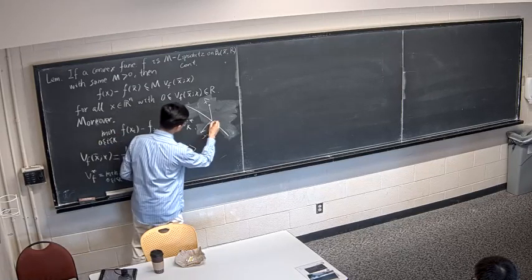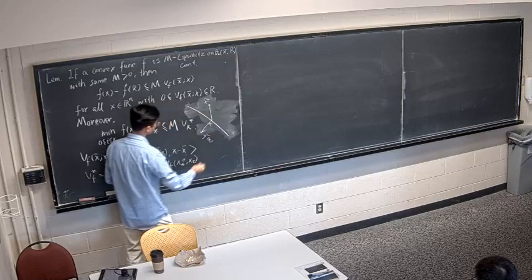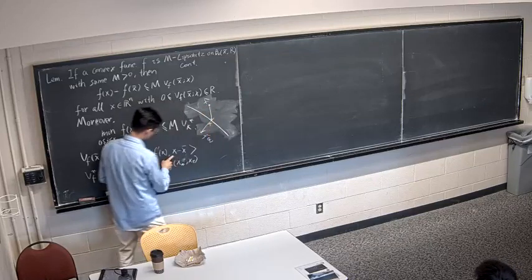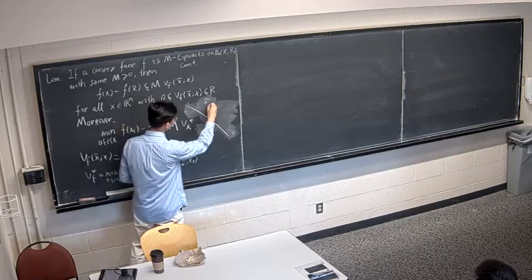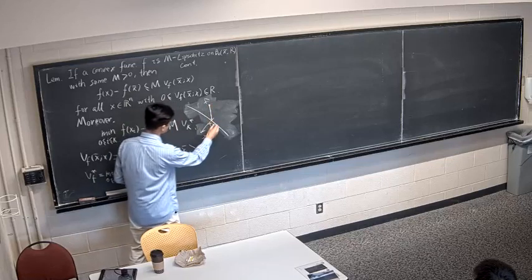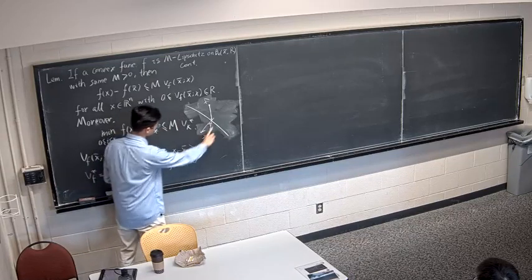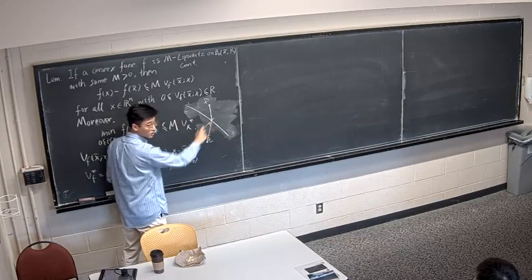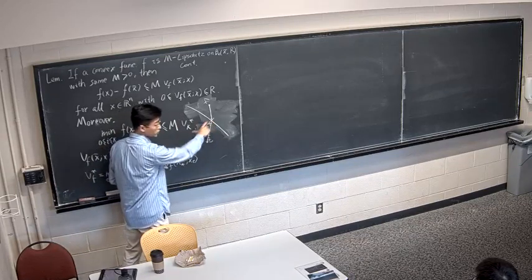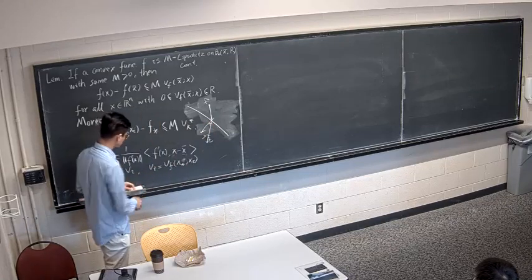So the point x bar is here, and this vector x minus x bar is this vector, right? So you can put it here. And so this is the inner product of this vector with this unit vector, right? And that's the projection onto it, so it's the distance.